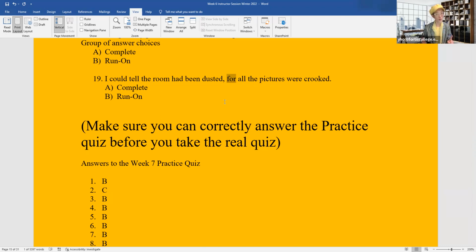So don't be fooled by all of the run-on sentences earlier on in the quiz. This particular sentence is actually a compound sentence. And in this case, the word for means because. It's very British. In American English, we don't tend to use for, as in, I got a good grade on my test, for I studied hard.